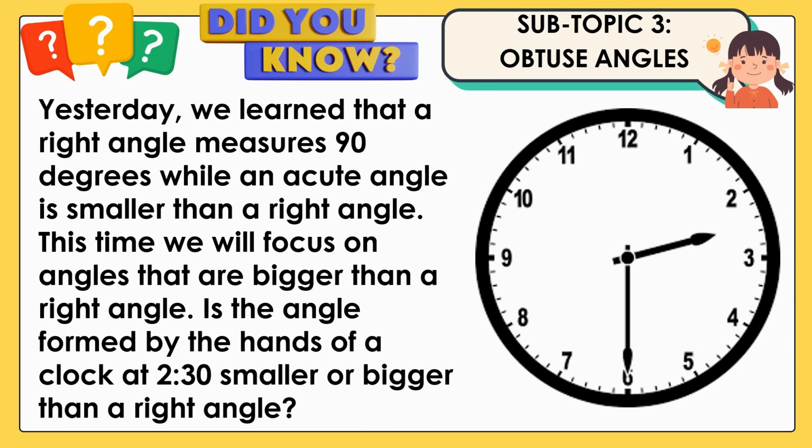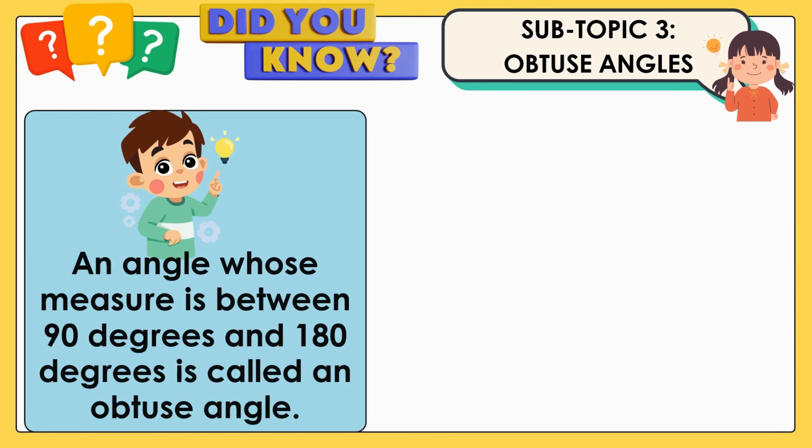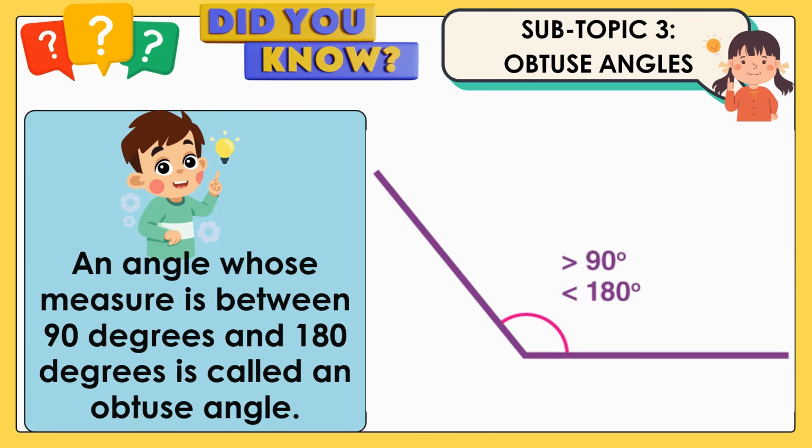Share your answer to your classmates. An angle whose measure is between 90 degrees and 180 degrees is called an obtuse angle.